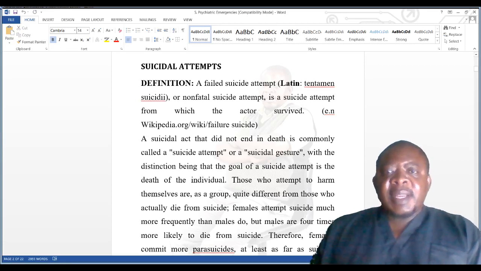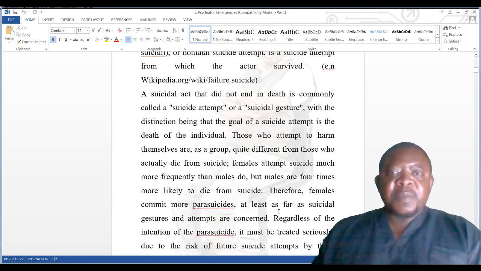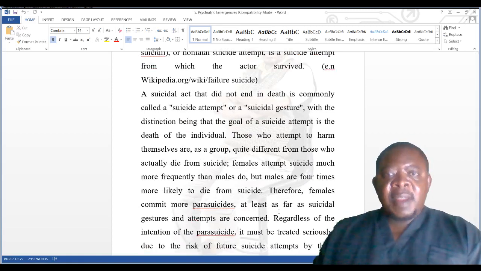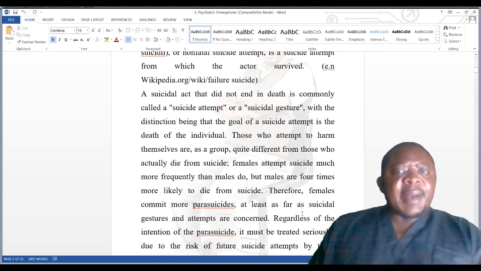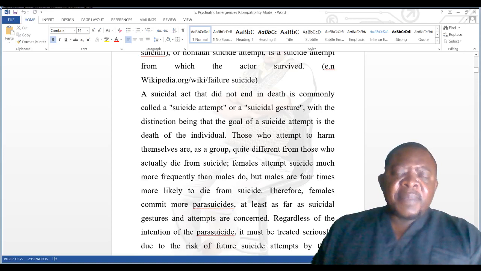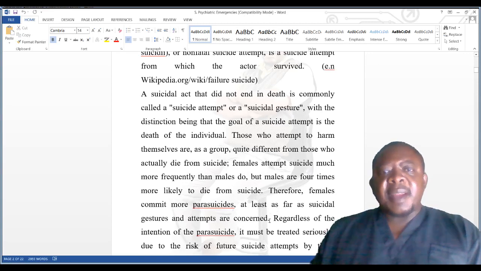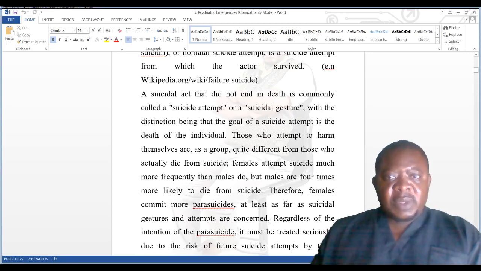So females commit more parasuicides or are involved in more suicide attempts, but males tend to accomplish their suicide attempts. As far as suicidal gestures and attempts are concerned, males tend to accomplish that, whilst the females tend to be admitted for suicide attempt or parasuicide.